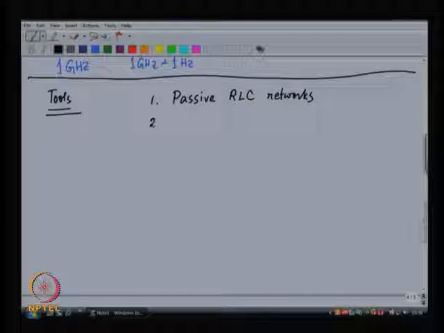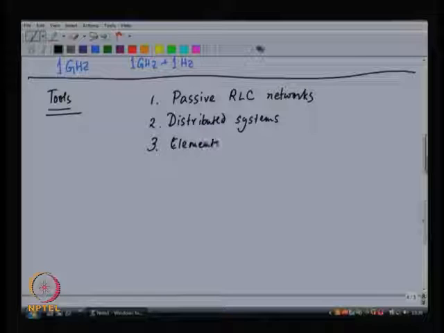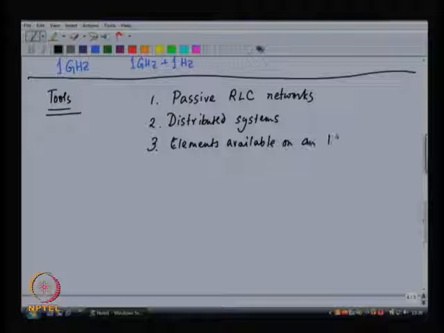Next, we are going to talk about distributed systems, transmission lines, so we need this background, and we are going to talk about the different elements that are available on an IC. Then the fourth thing we are going to talk about are MOSFETs.